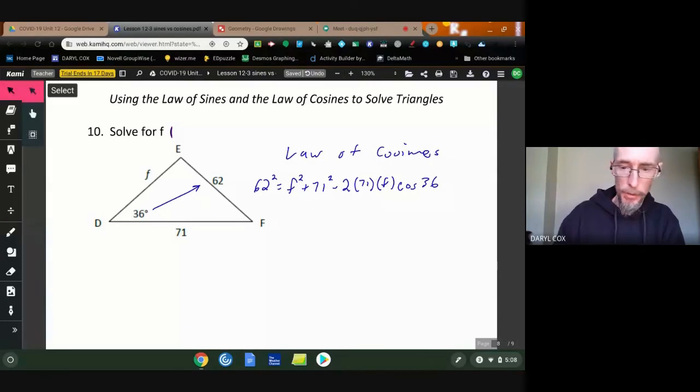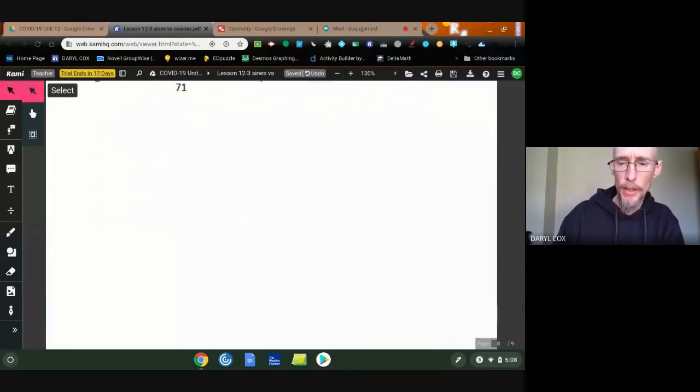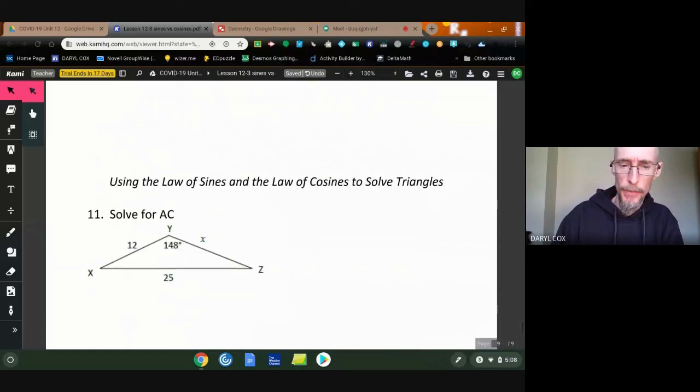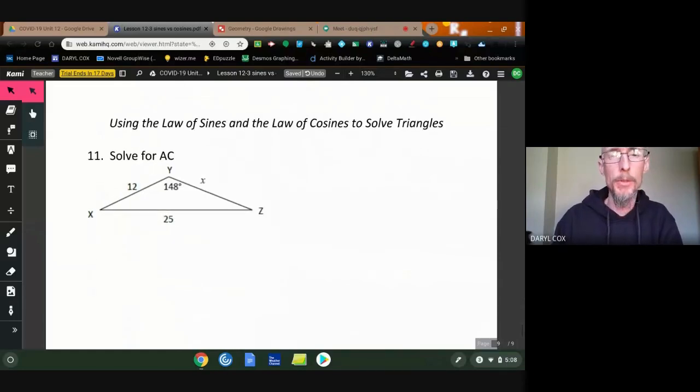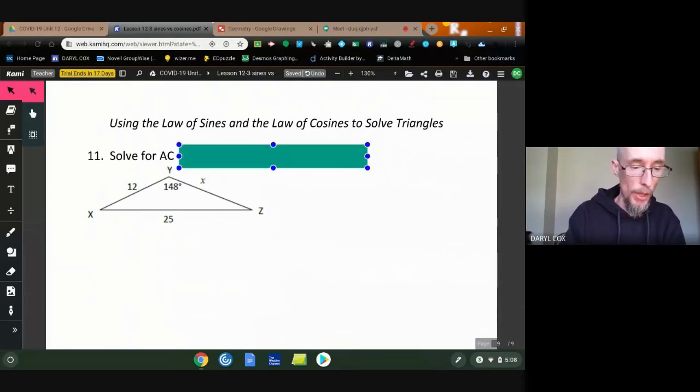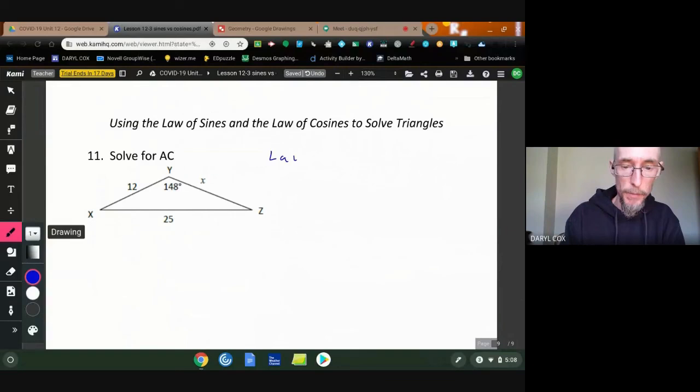Let's take a look at one more, and then I'll let you try some on your own. Which law are you going to use for this problem? Okay, I see again, 3 sides and an angle. So that makes me think law of cosines again.